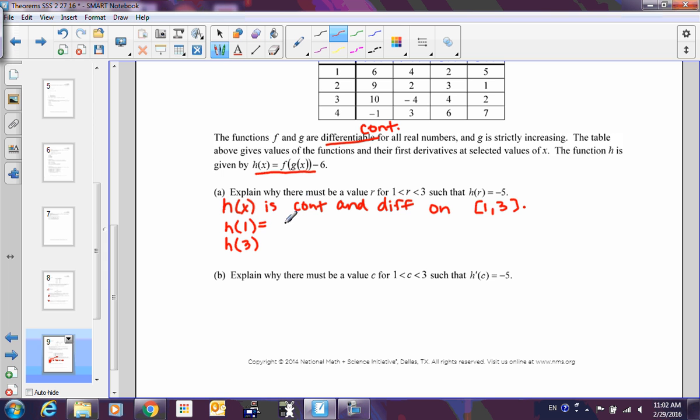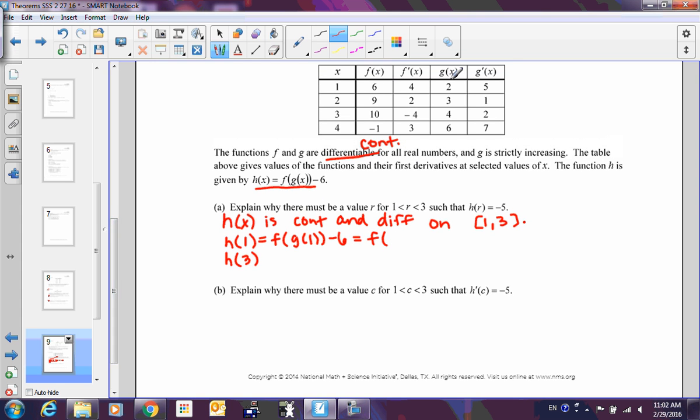So let's just use the formula. F of g of 1 minus 6, and so that would be f of, and then just look up on the table, g of 1 is 2, and then f of 2 is 9, so 9 minus 6, that's 3. Do the same thing for h of 3, using the formula, using the table.